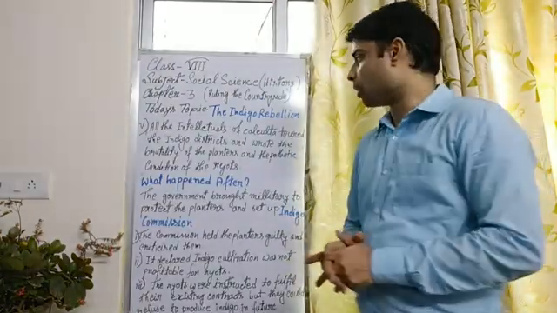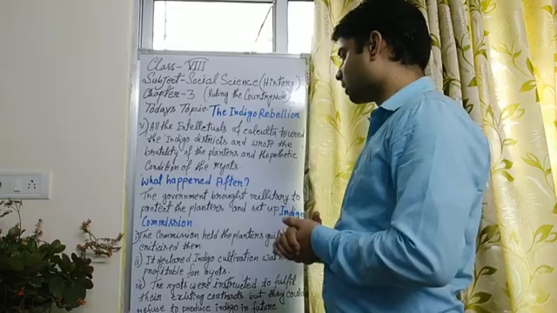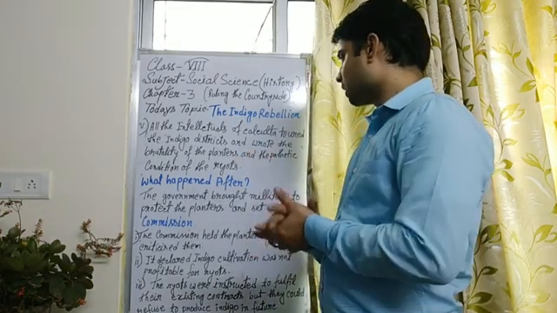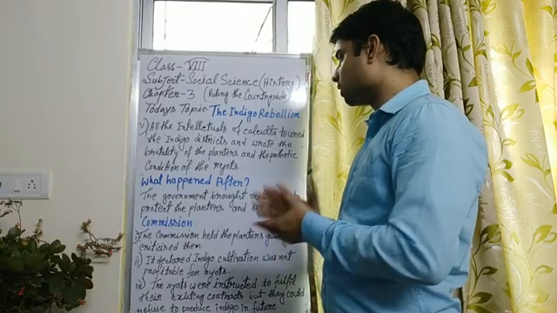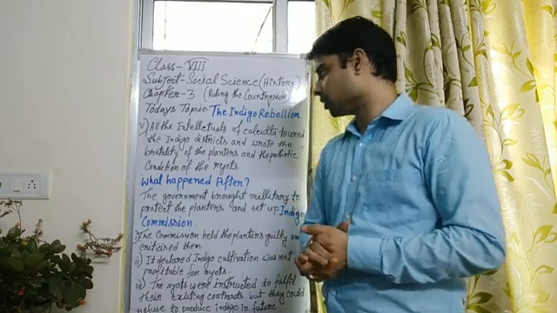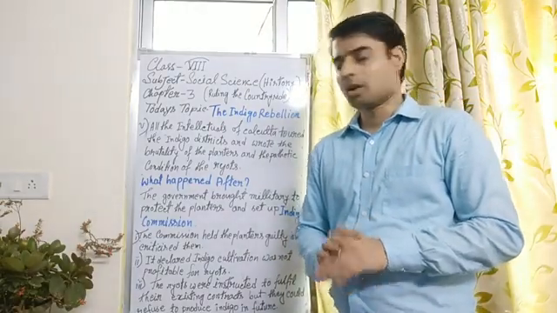Now, worried about the rebellion, what happened after? All the intellectuals of Calcutta toured the indigo districts and wrote about the brutality of the planters and the pathetic condition of the ryots.